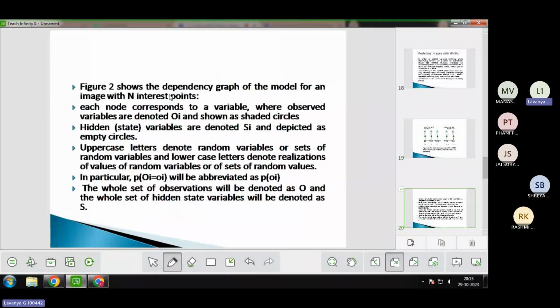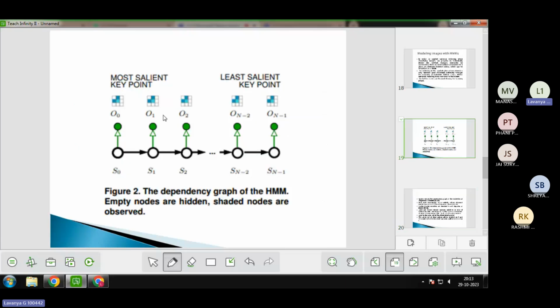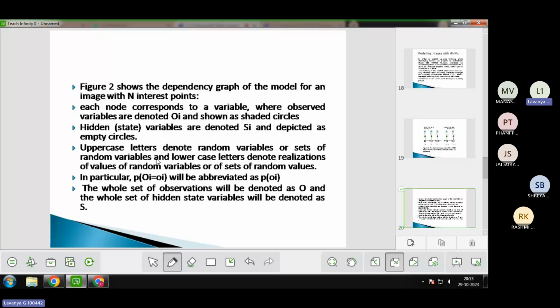Now, this figure shows the dependency graph for an image with n interest points. We saw it with 3 interest points and 2 interest points. Here it is n interest points. Each node corresponds to a variable, where the observed variables are known as Oi and they are given by the shaded circles. The uppercase letter denotes the random variable or the set of random variables.